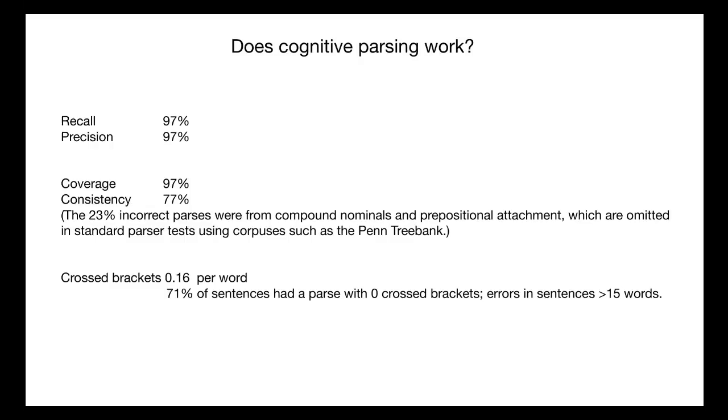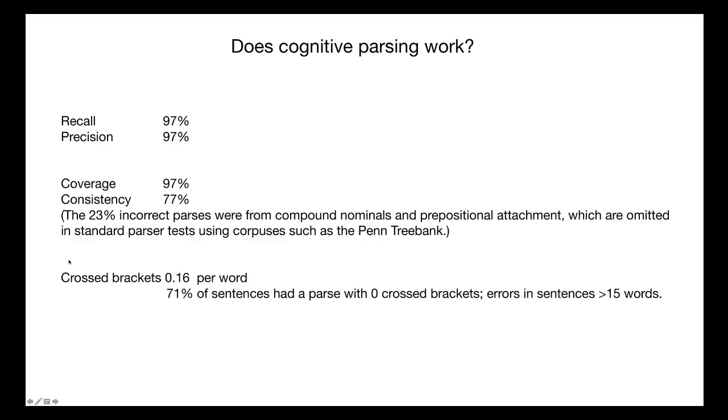Well, let me just say that when people do this, they use things like the Penn tree bank corpus, which doesn't even bother with compound nominals like doghouse or prepositional attachments, like I was showing you the two different ways of doing of. It doesn't even annotate for that. I've annotated for that, and it's still 77%. If I didn't annotate for that, it's probably 97%.